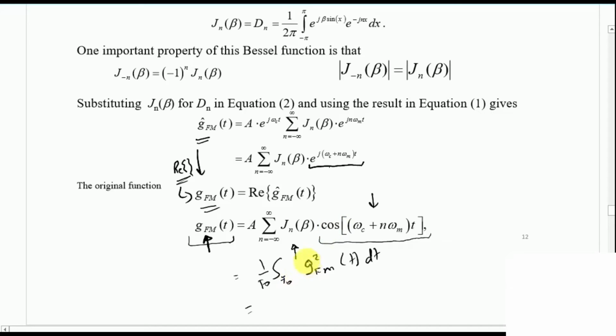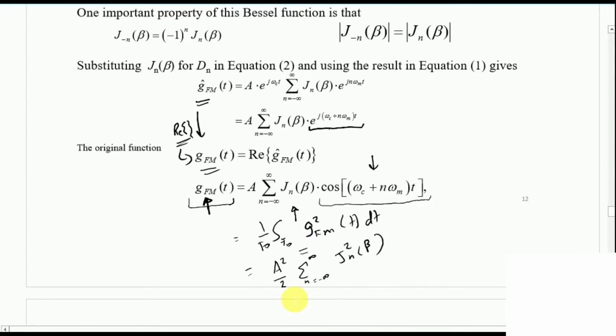So eventually the power of this function would be A square by 2 times the summation n equals minus infinity to infinity of Jn square of beta, right? And this expression is the power of g fm.